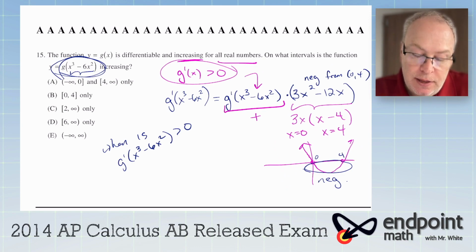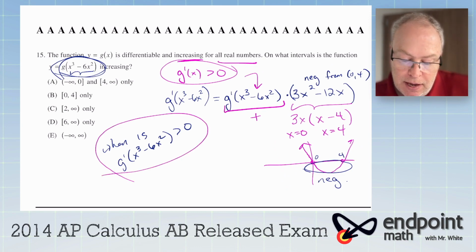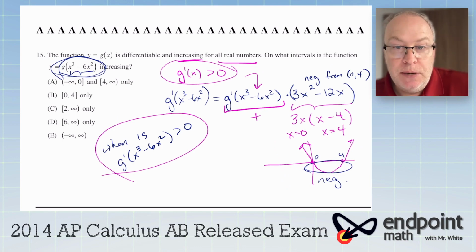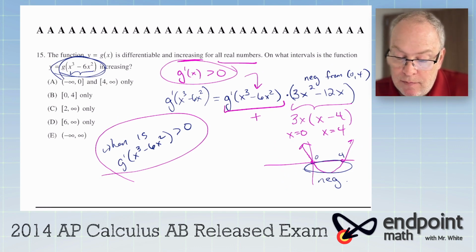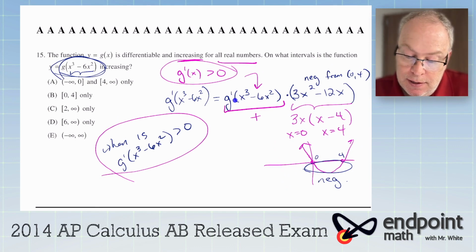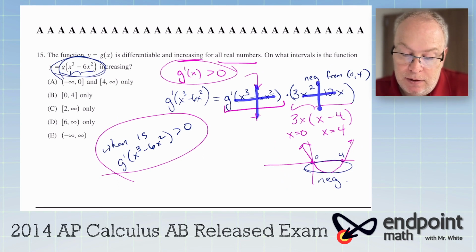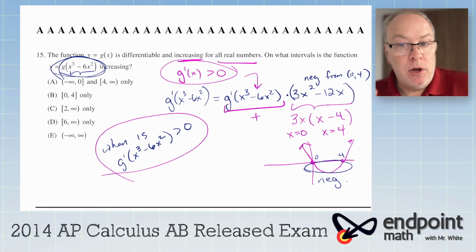So the question that it was asking is, when is the g prime of that mess positive? Well, that would be only when we have a positive times a positive. A moment ago I said this first thing is always positive, so we're good there.